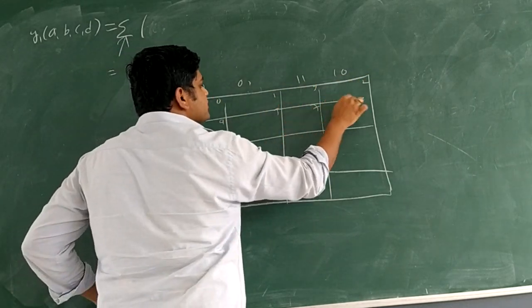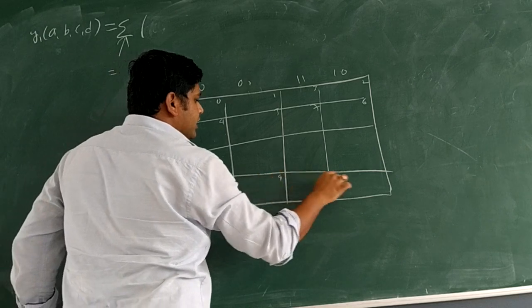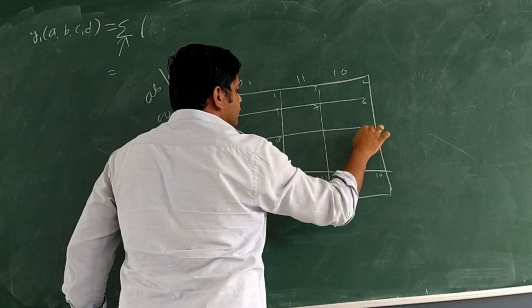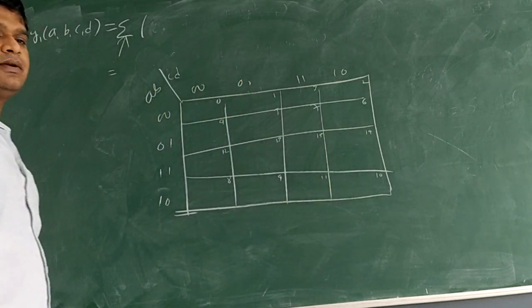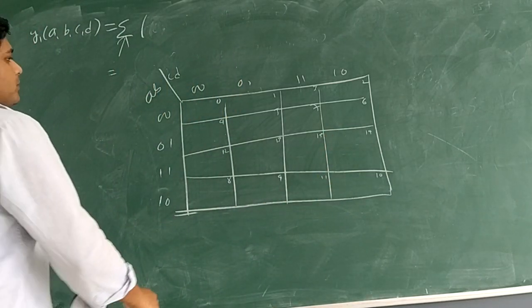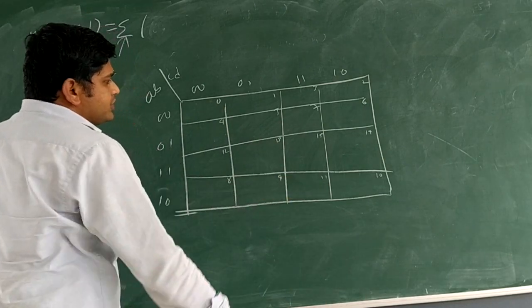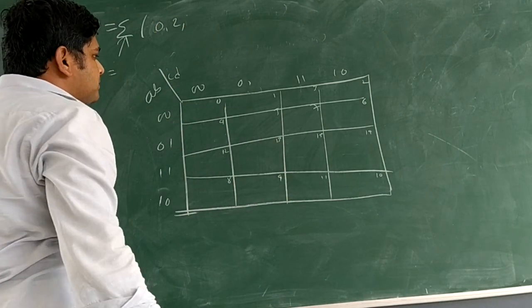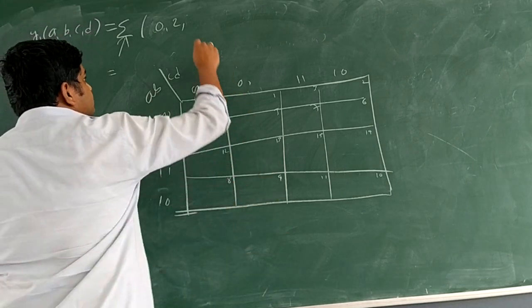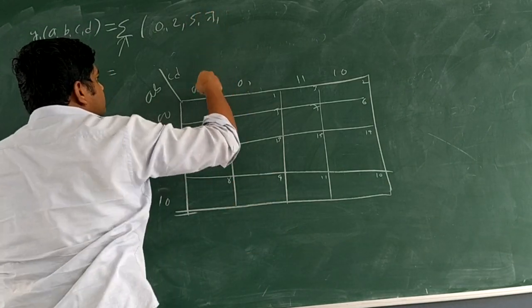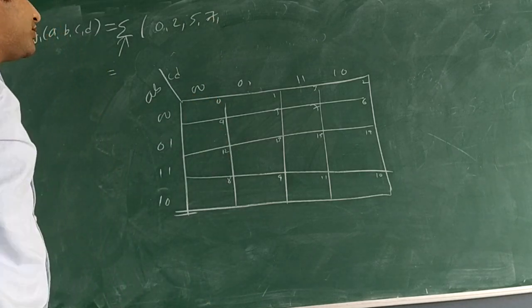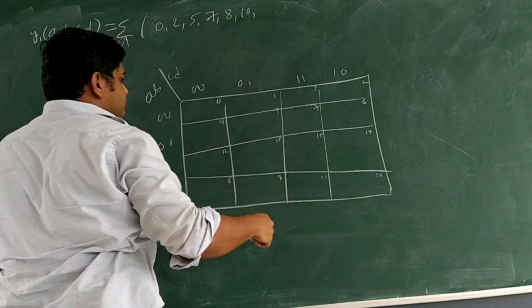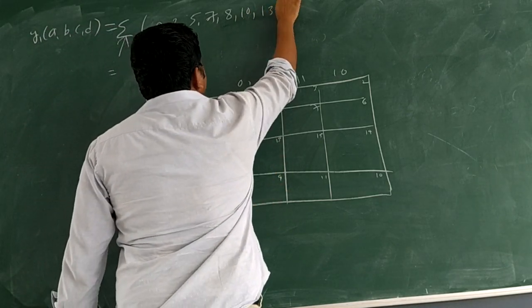4, 5, 7, 6, 8, 9, 10, 11, 12, 13, 14 and 15. Okay. So now I will take diagonal 0, 2, 5, 7, 8, 10, 13, 15.